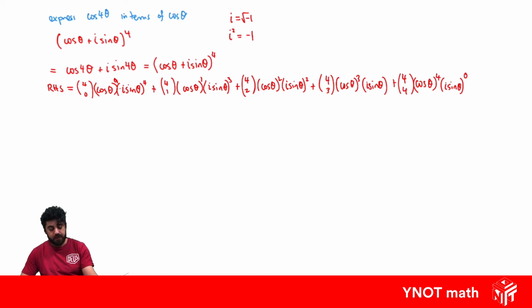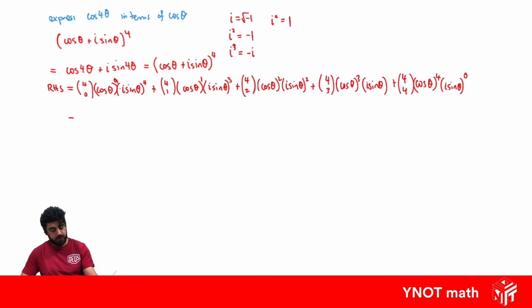Then, if we multiply both of these by i, we get i cubed equaling minus i. And if we multiply both of these by i, we get i to the 4 equaling 1. And then the pattern repeats. And this is going to help us out.